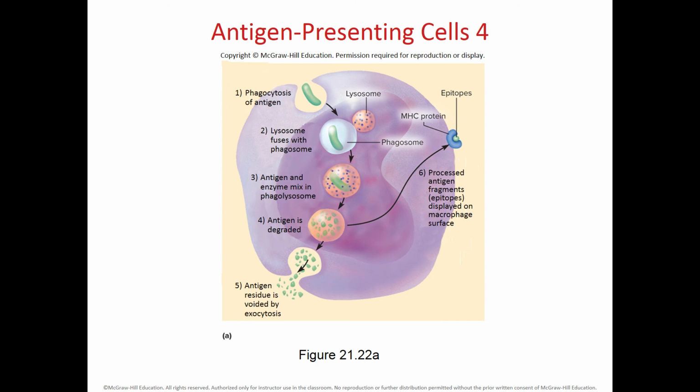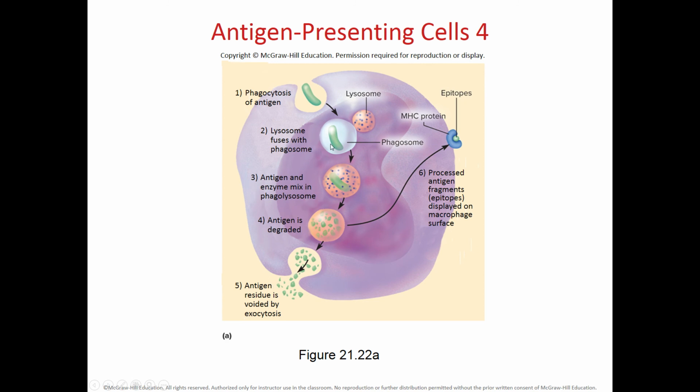And this is the diagram of the antigen presenting cells, how they engulf these bacteria. This is a macrophage. Within this macrophage you have enzymes within the lysosomes that will fuse with this bacteria that was engulfed through endocytosis, so it was phagocytosed.